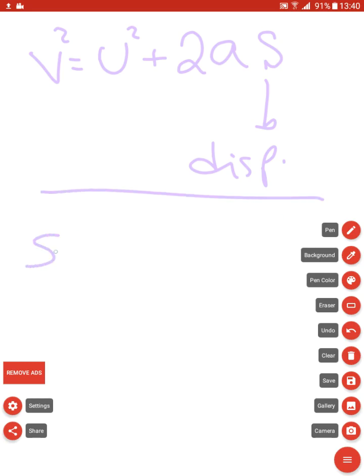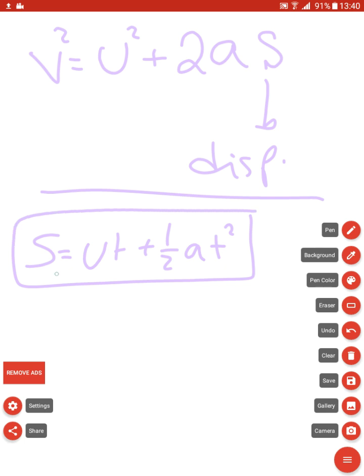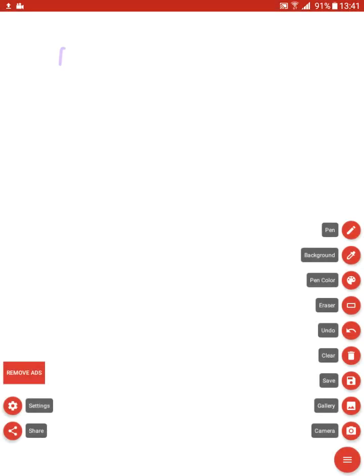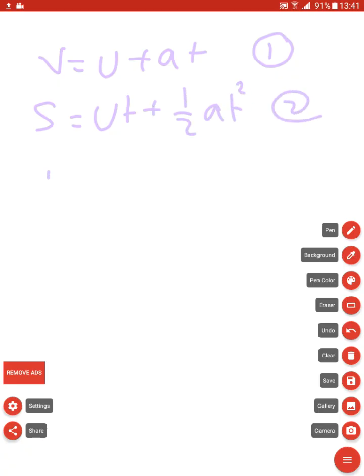Now we have s equals ut plus half at squared. s is the displacement, u is the initial speed, a is the acceleration, and t is the time of the movement of the object. So v equals u plus at, this is the first equation. s equals ut plus half at squared, this is the second equation. v squared equals u squared plus 2as, it is the third equation.